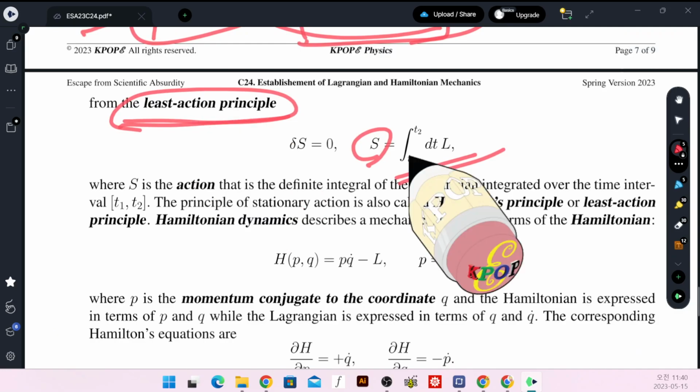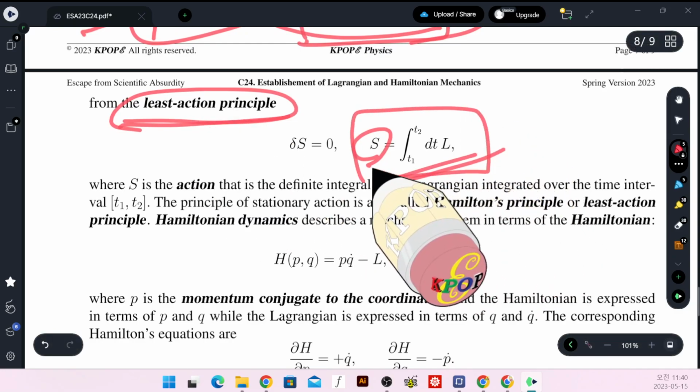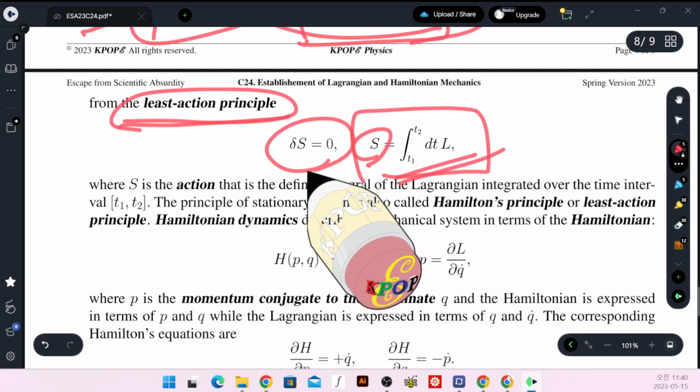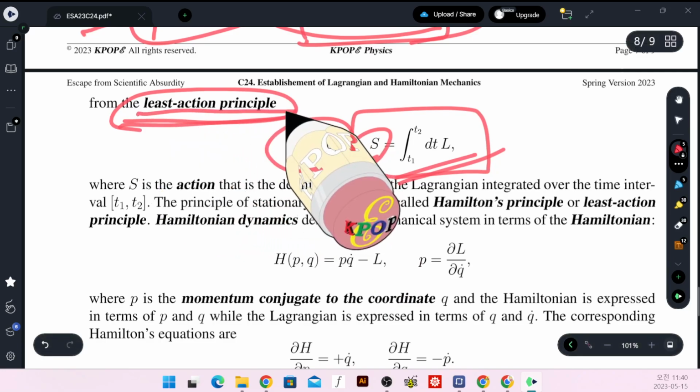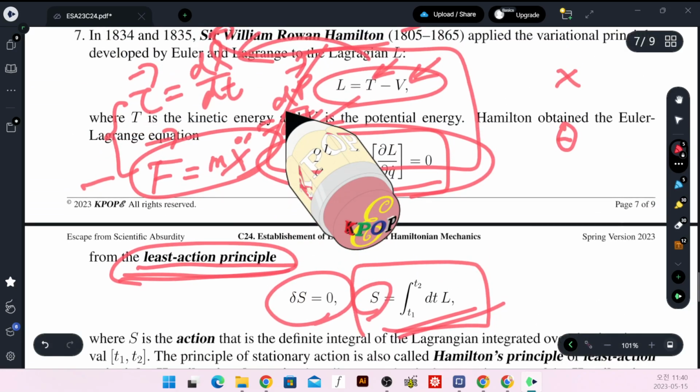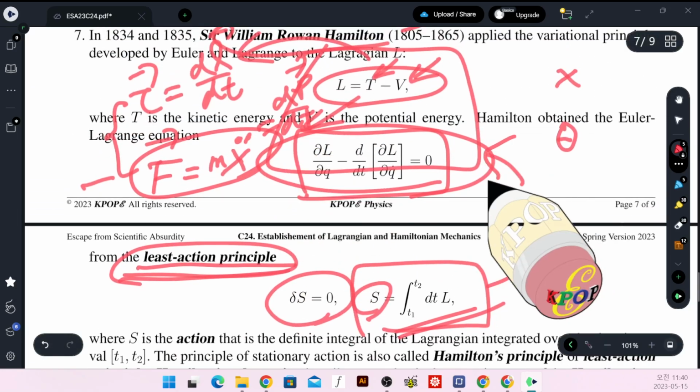Hamilton showed that the action is minimized along the path that is physically allowed. And that is called the least action principle. And the least action principle derives the Euler-Lagrange equation.